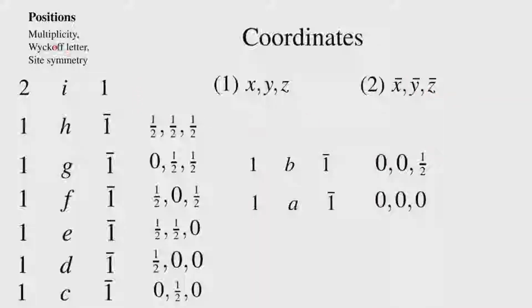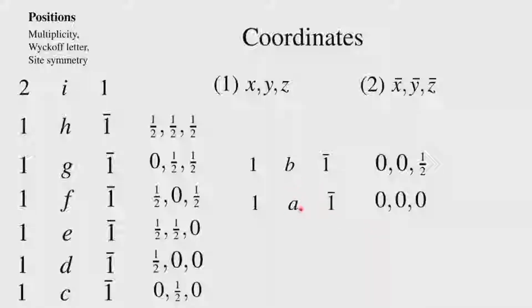The way in which we arrange the Wyckoff letter is to look at the most symmetric possible position in the unit cell. The most symmetric possible position in this unit cell of P1 bar is at 0 0 0, where there is a center of symmetry located. Now, if we operate these two equivalent point operations, it gives back the same 0 0 0, and therefore the multiplicity associated with this site is 1, and the symmetry of course that is associated is 1 bar.